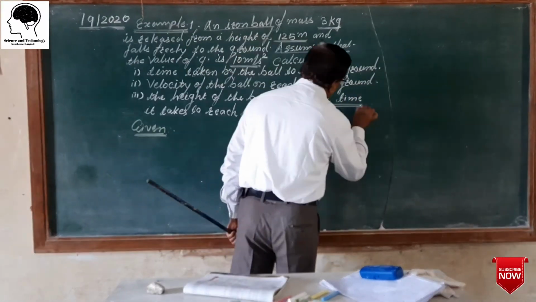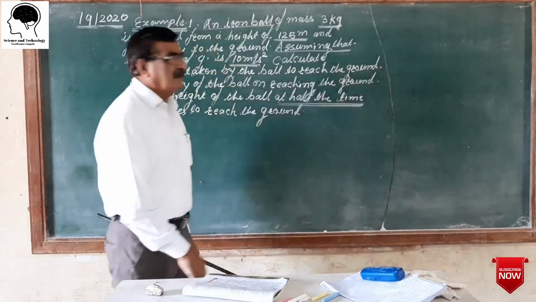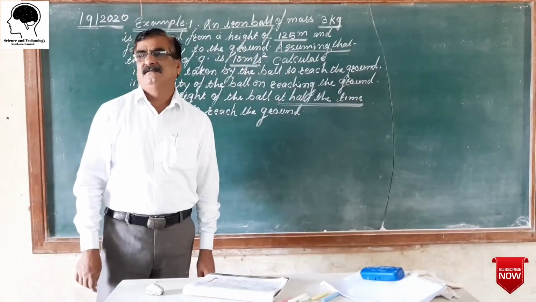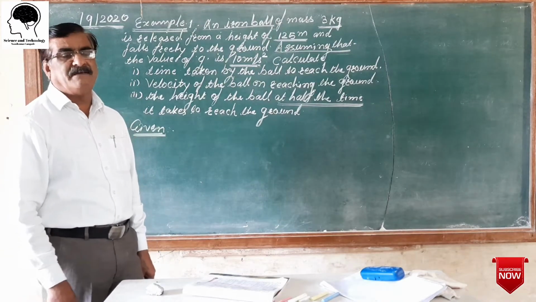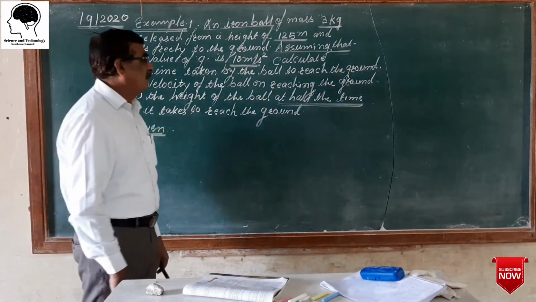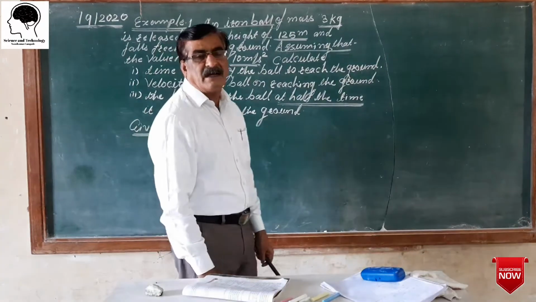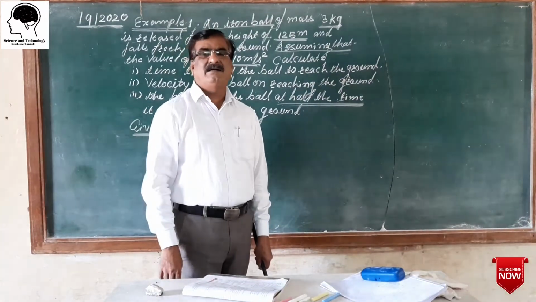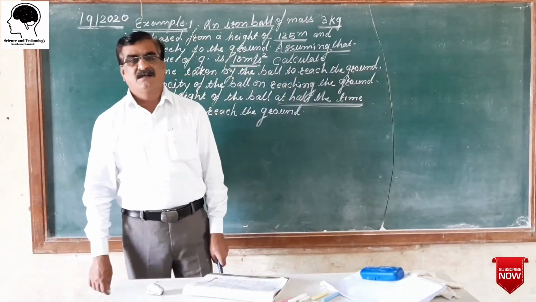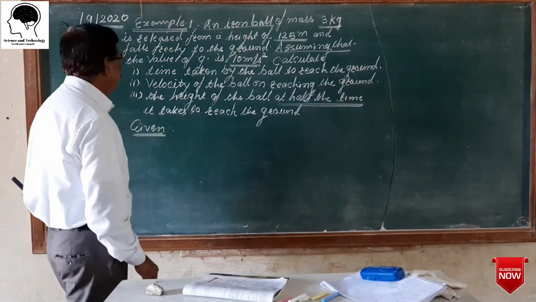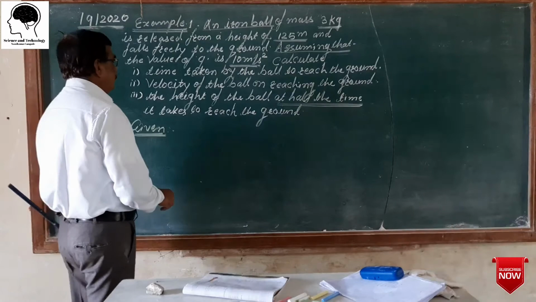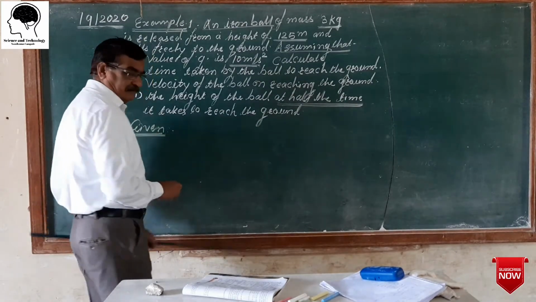For this we have to calculate first the total time to reach the ground, and then we have to calculate what distance that ball covers in half the time.